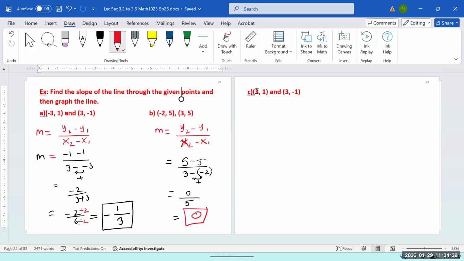Ready? So what is the slope formula? X2 minus X1. So how did you substitute?